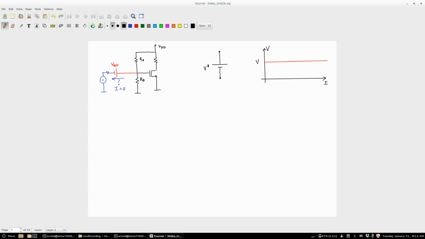The battery effectively is that irrespective of the current through the device, the voltage will always be constant. So what should I plot on the horizontal axis? I, right, and this would be V, and this value is going to be V star, right?